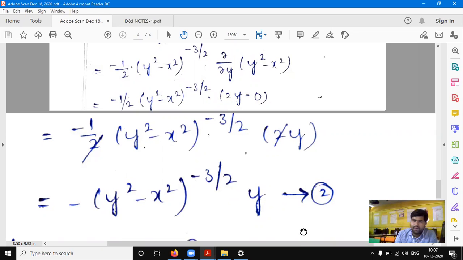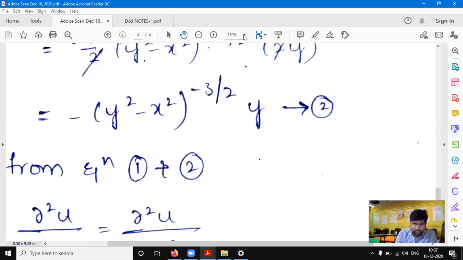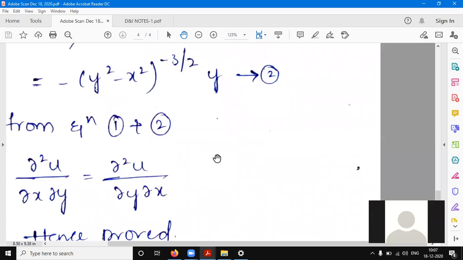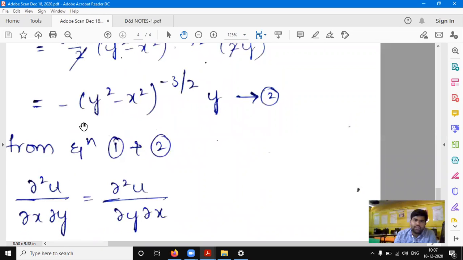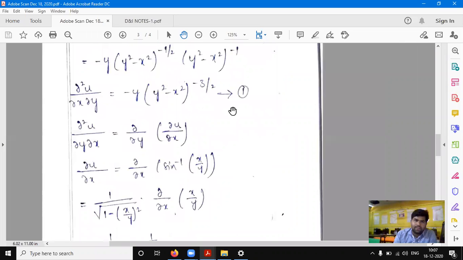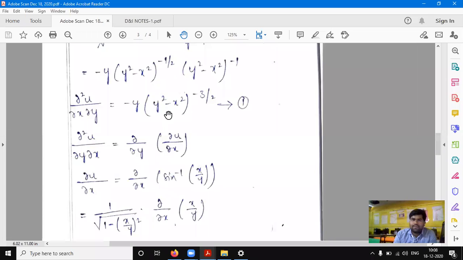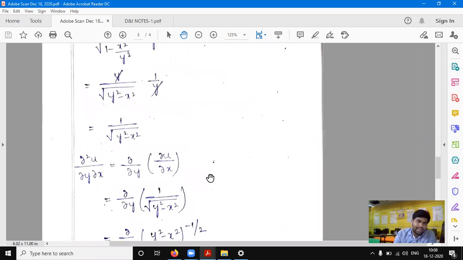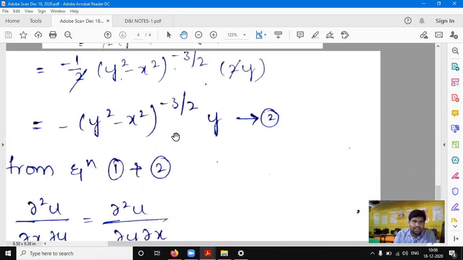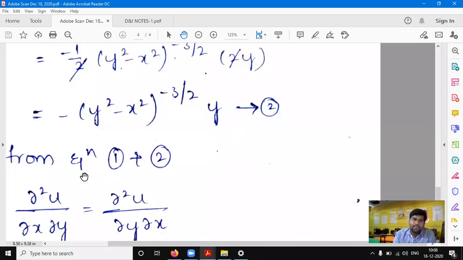This is equation number 2. From 1 and 2: equation number 2 is minus y into (y square minus x square) to the power of minus 3 by 2, and equation number 1 is also minus y into (y square minus x square) to the power of minus 3 by 2.